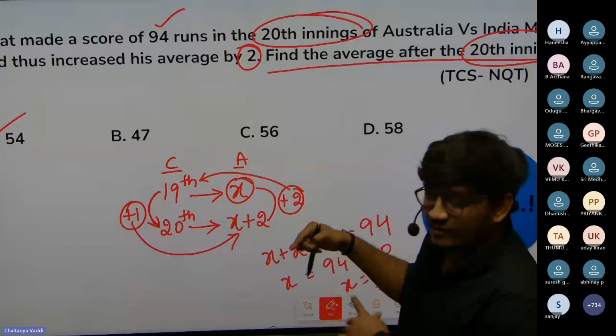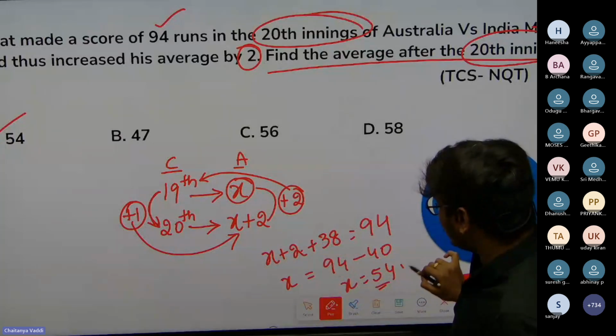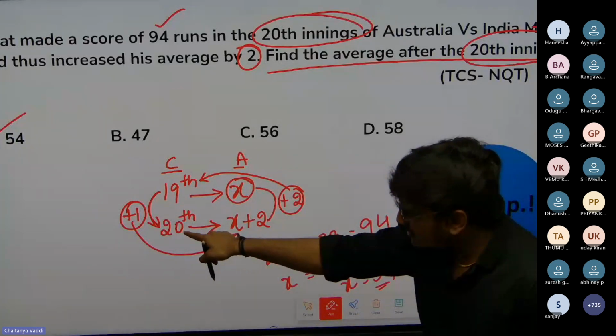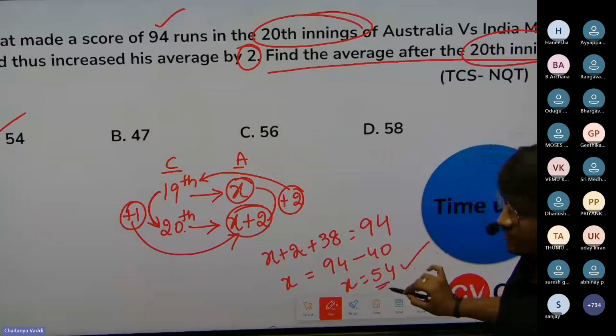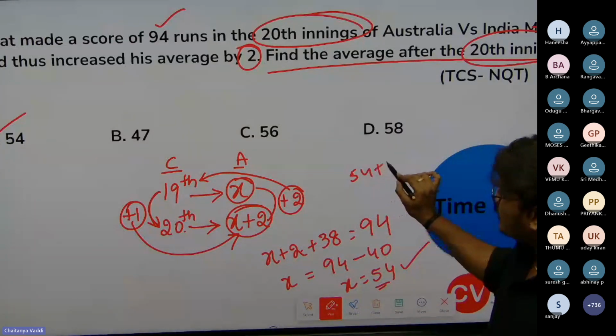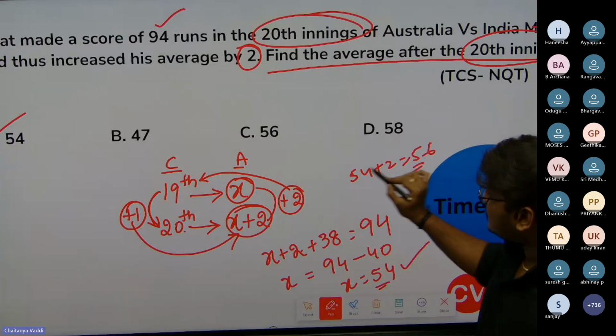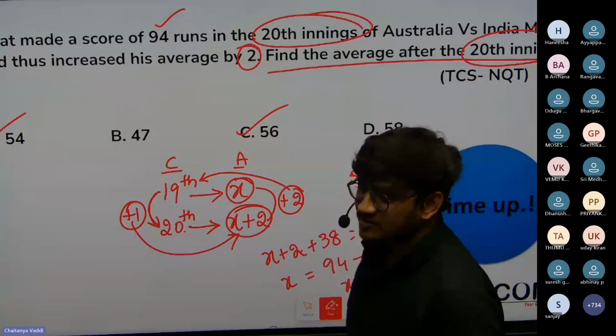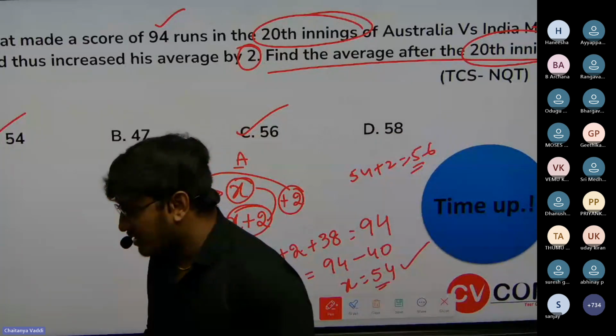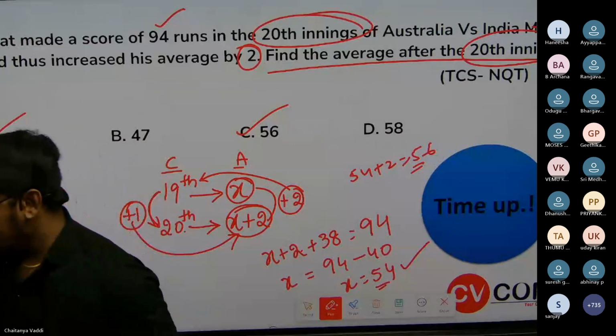We got X as 54. Now in the 20th inning, the average will be X plus 2. So the answer is not 54, it is 54 plus 2, which equals 56. So after the 20th inning, the average will be 56. I hope you all are clear with this question. If you have any doubts, you can post in the chat box.